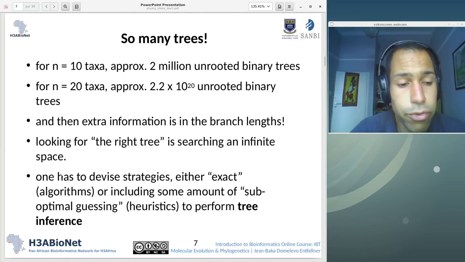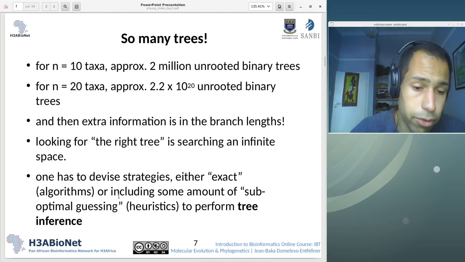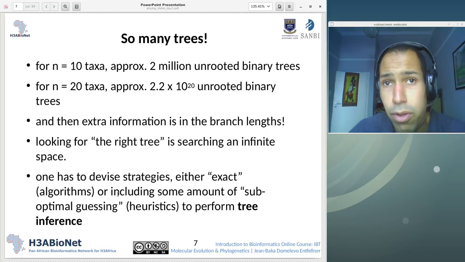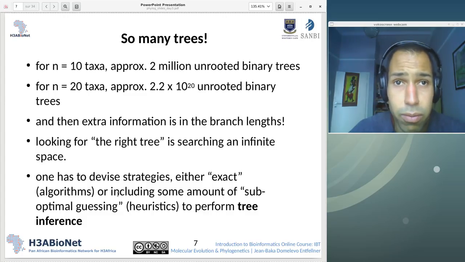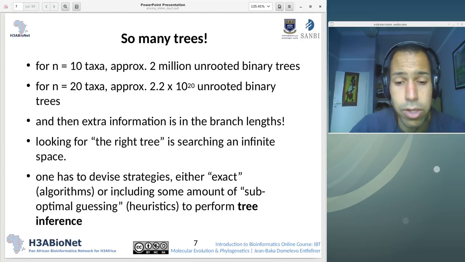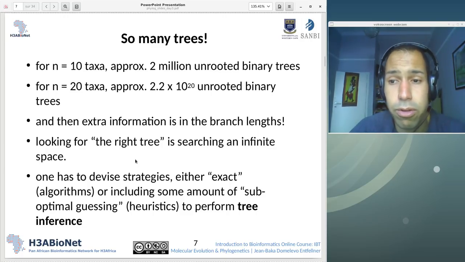So definitely one has to devise strategies, either exact algorithms or including some amount of guessing, rules of thumb, to try and perform a search, taking chances to miss the best tree but accelerating the speed of the search, because in any case it's not computationally possible to explore an infinite space in a finite amount of computational time.